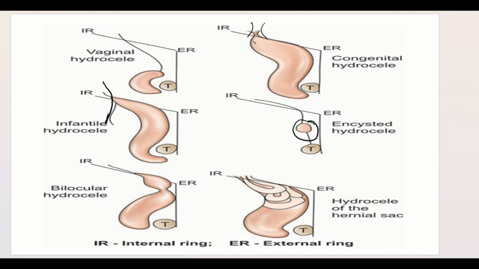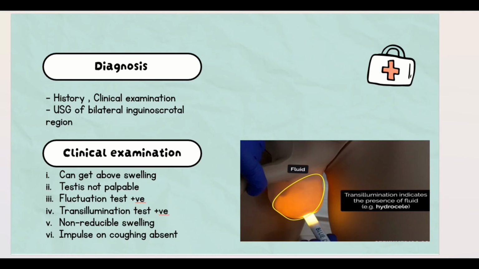Then comes the encysted hydrocele. And next one is bilocular hydrocele. We have two sacs intercommunicating, one above the neck of the scrotum, one below it. Bilocular hydroceles are cross-fluctuant. And last one is hydrocele of the hernial sac. In hydrocele of hernial sac, there is retention of the serous fluid secreted by peritoneum of the hernial sac.